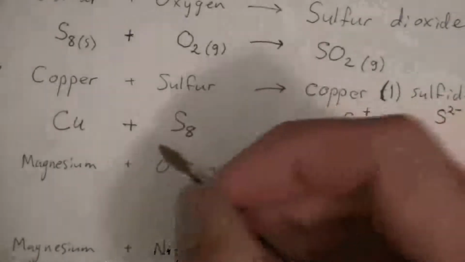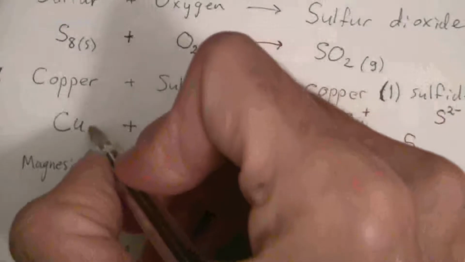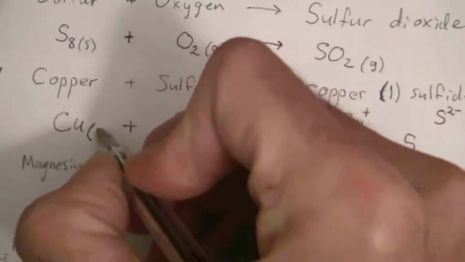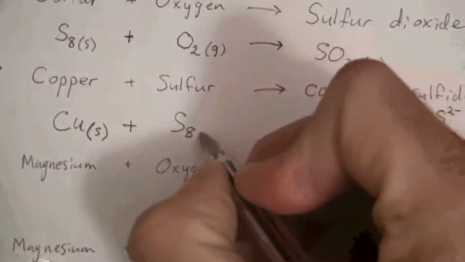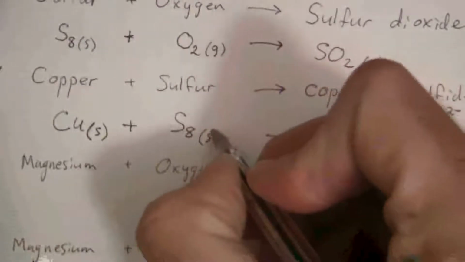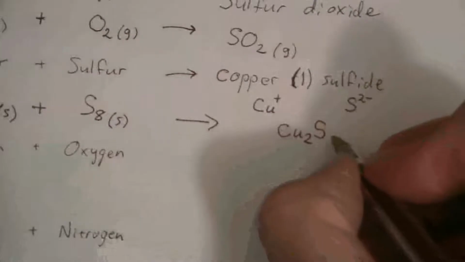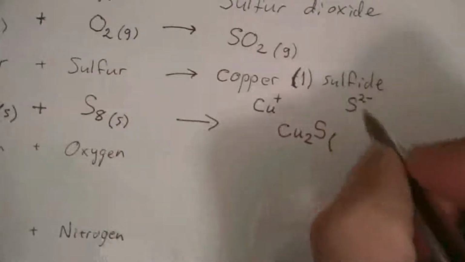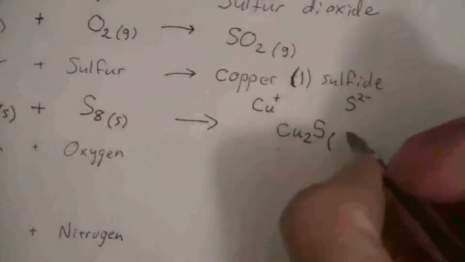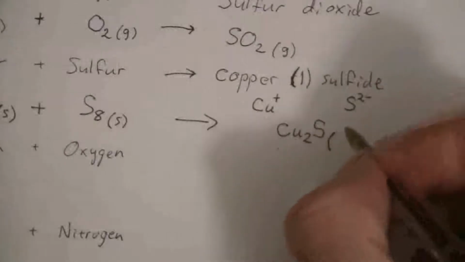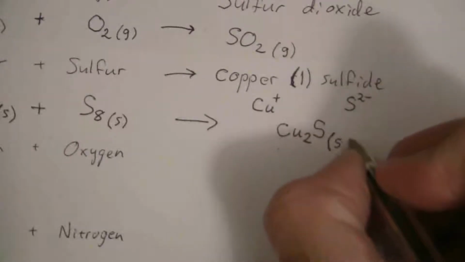But don't forget the states of matter. The copper is a solid. The sulfur is a solid to begin with, at least, although it did melt when we did the reaction, but it's talking about the beginning, when it was a solid. And then the copper sulfide, you recall, was also a solid.